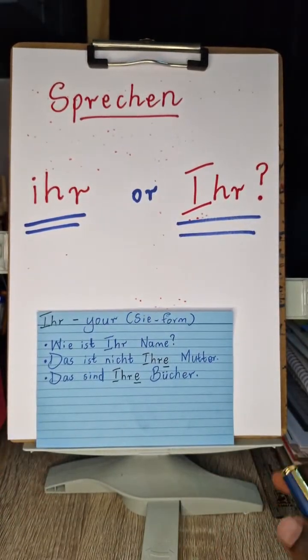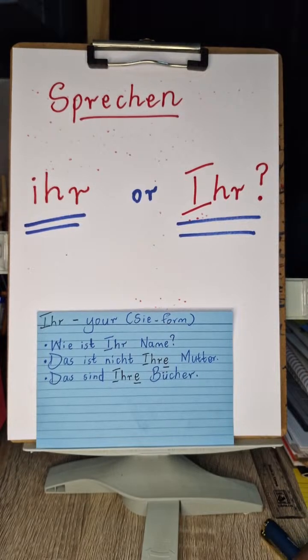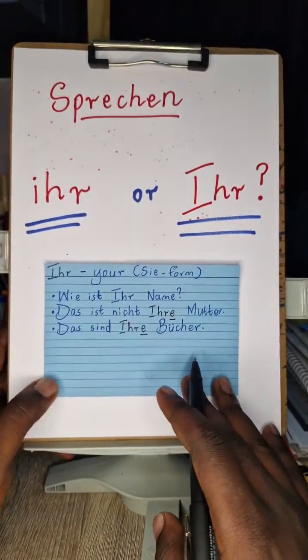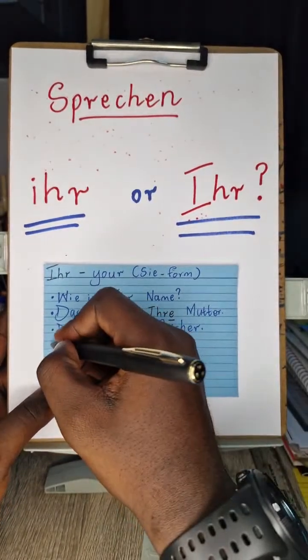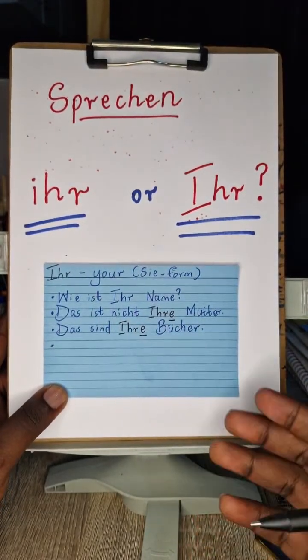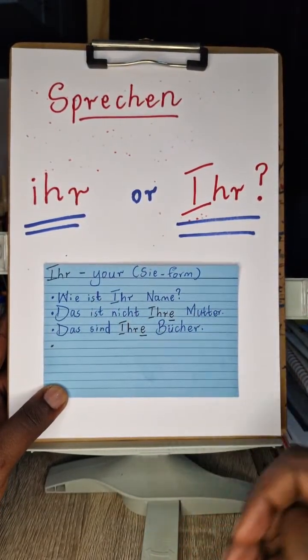You want to ask somebody, is this your aunt? I would like you to try. How do you say that? Still maintaining the ihr. Is this your aunt? Now, because aunt is feminine, and we've mentioned that for feminine and the plural, we add an e, right?